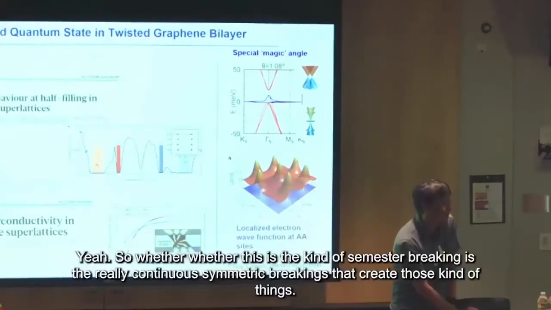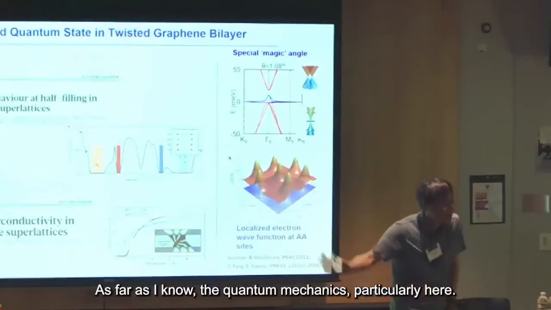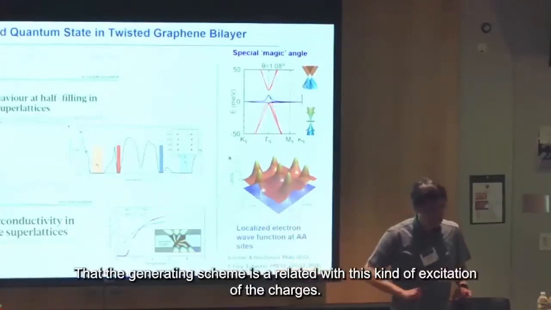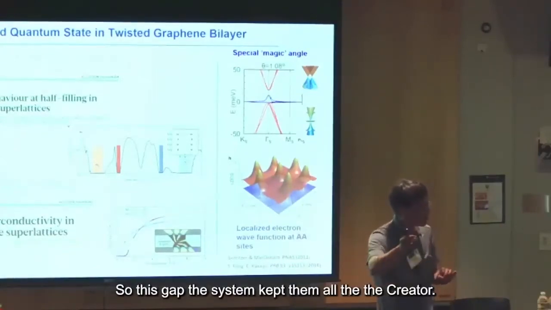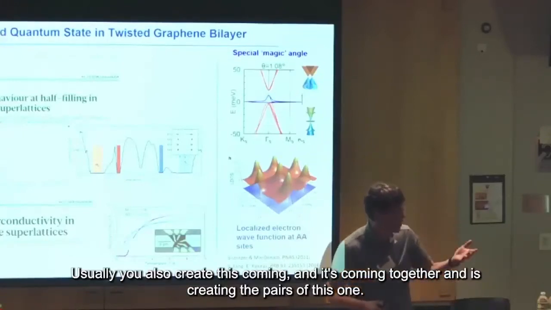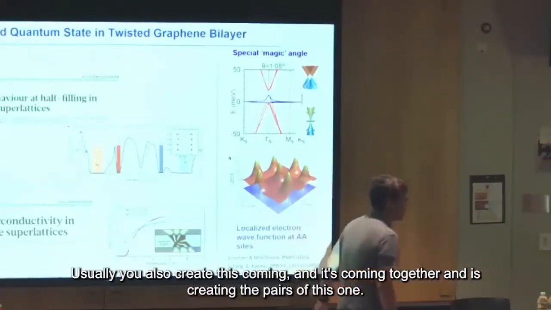So whether this kind of symmetry breaking is really a continuous symmetry breaking that creates those things is, as far as I know, the quantum ferromagnet case, particularly here, where generating a Skyrmion is related to the excitation of charges. So it is a gapped system, a gapped mode. Usually you create the Skyrmion and anti-Skyrmion together, creating pairs, and it costs energy because I have to create these two charged excitations. It's massive in that regard.